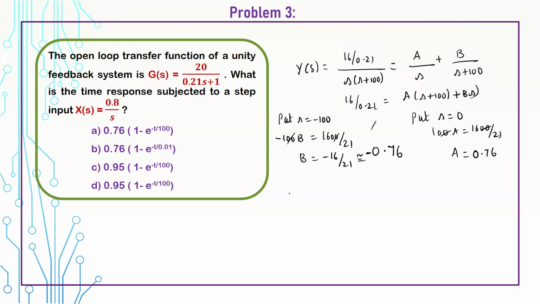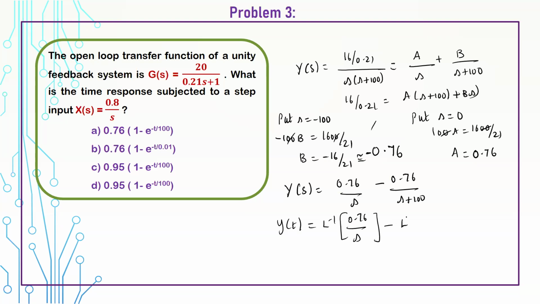So by substituting in Y(s), 0.76 by s minus 0.76 by s plus 100. So y(t) is the inverse Laplace transform of 0.76 by s minus the inverse Laplace transform of 0.76 by s plus 100. Same constant, so we can take 0.76 outside.